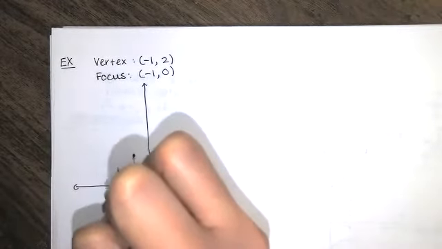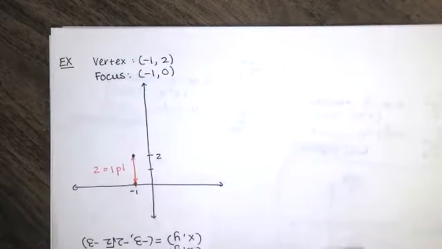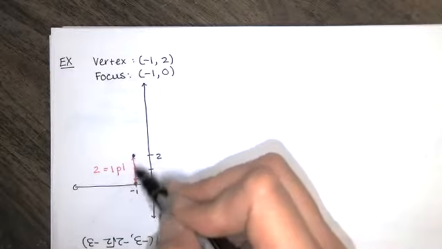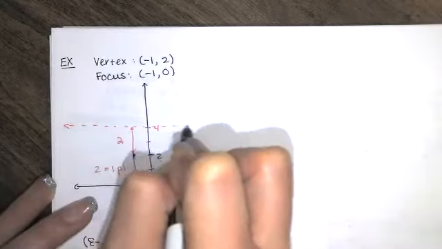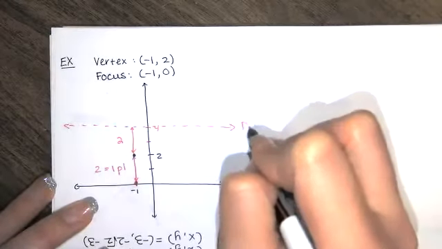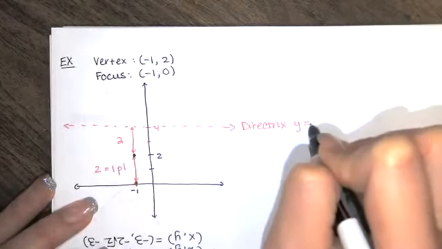And I know that this is absolute value of p units, so the absolute value of p must be 2. This is the distance between the focus and the vertex. Now if we go the same distance the other way, you find the directrix. So the directrix of this parabola is y equals 4.